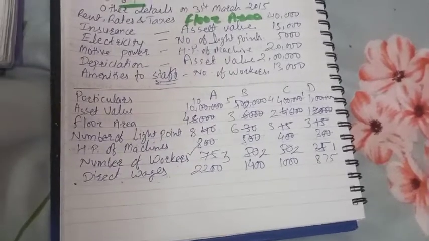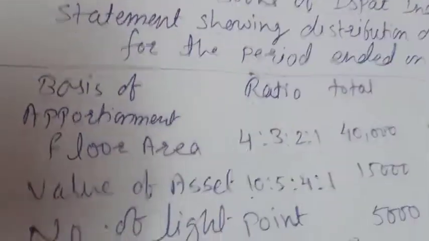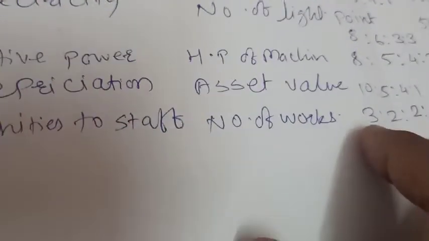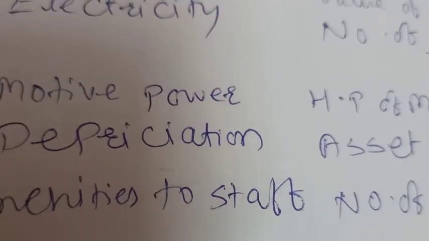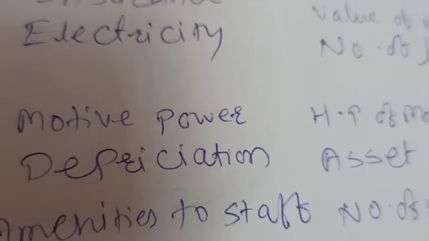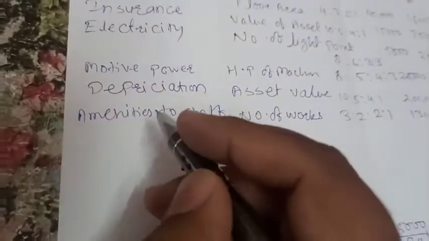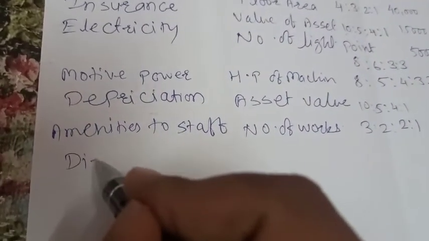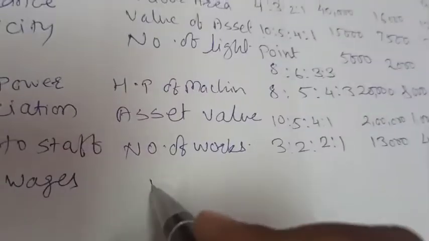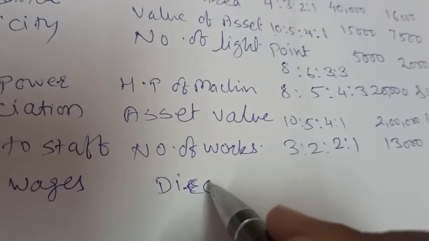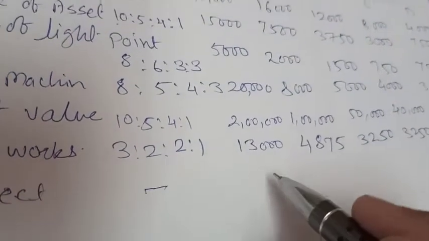If we are talking about the primary and secondary distribution, that time we have to consider the direct costs of service departments only, not for production departments. Here the direct wages amount is directly given, so the basis is direct, there is no need of ratio.